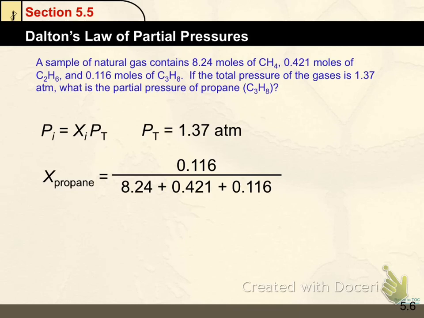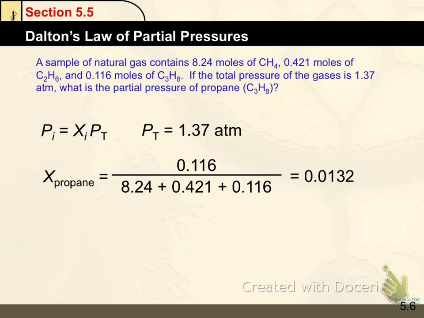Now, before I go on, let me ask you this question. Should our pressure due to propane be very close to the total pressure of the mixture, or be only a very small fraction? Yeah, because it's not very abundant in our mixture. So we find that our mole fraction for this particular sample is 0.0132.